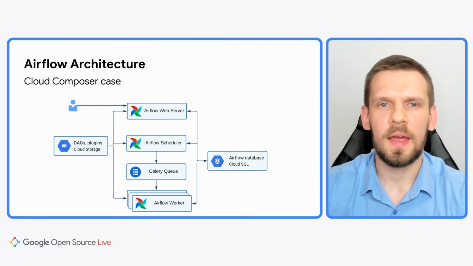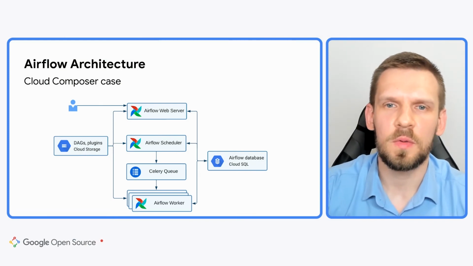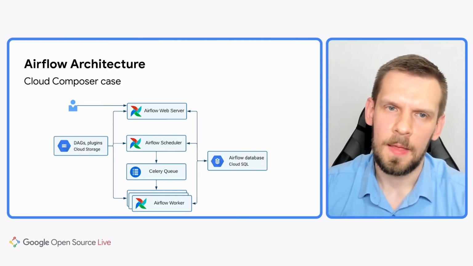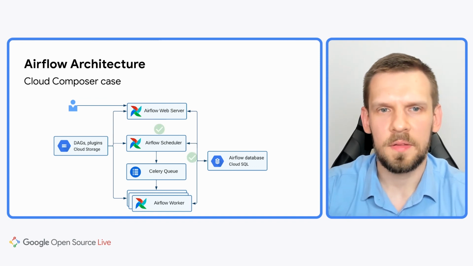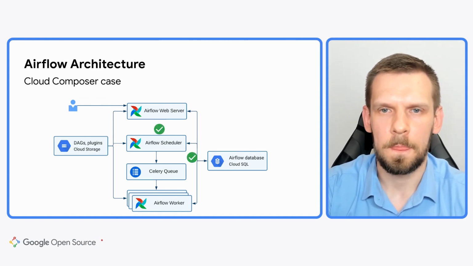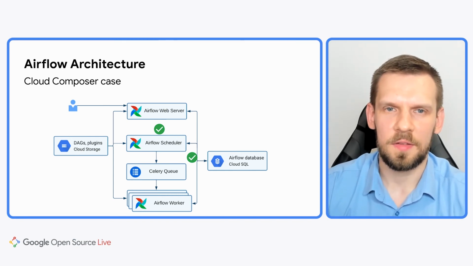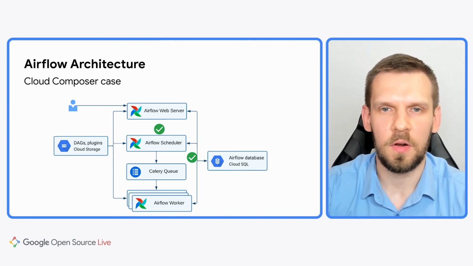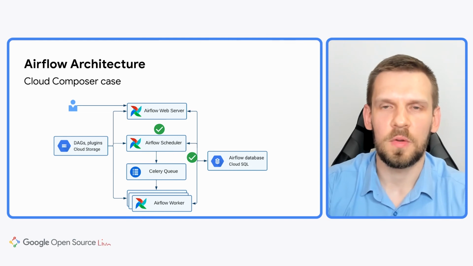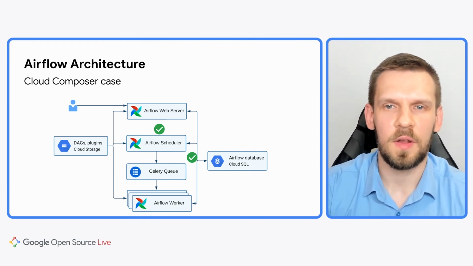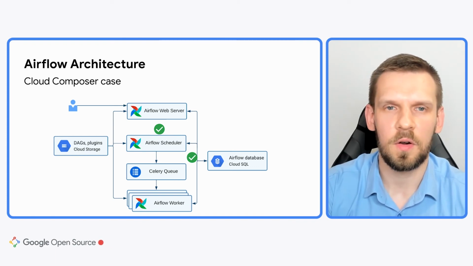But what next? Let's look again at the architecture that I showed at the very beginning. The AIPs that I mentioned solve two problems. First, the Airflow scheduler running two processes, an untrusted DAG processor and a trusted scheduler job. And second, direct access to the database for untrusted components like the DAG processor or worker.